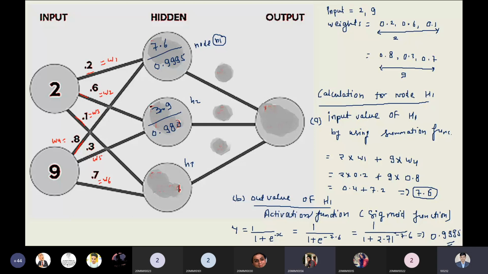And what is the in value of this H3? Sir, it's 6.5. And what is its out value? 0.9985. Okay, I can write over here.